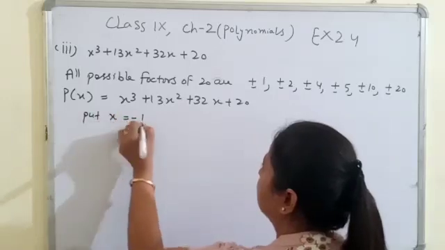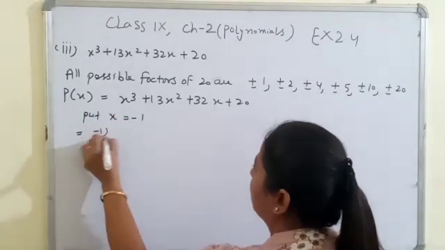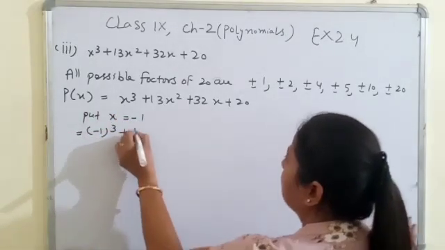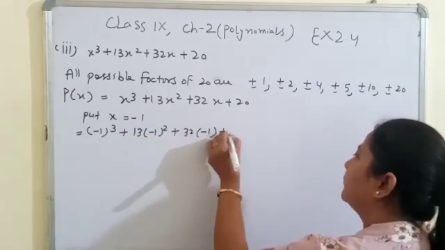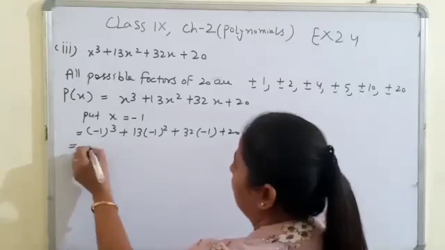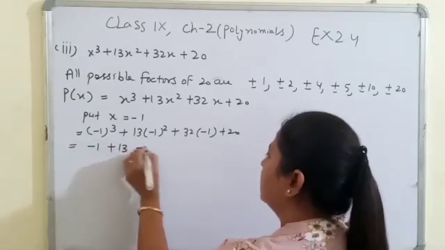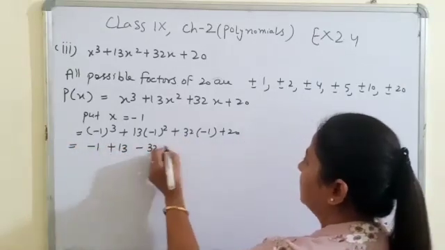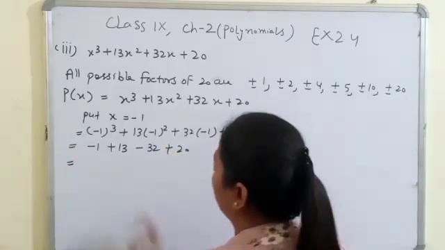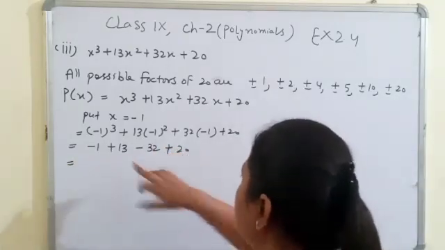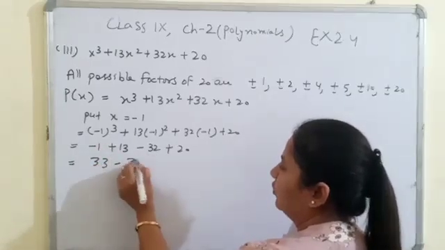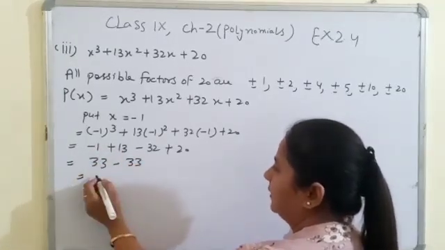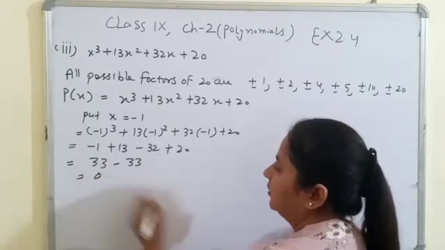Put x equal to minus 1: minus 1 cubed, plus 13 times minus 1 squared, plus 32 times minus 1, plus 20. That is minus 1 plus 13 minus 32 plus 20. Now 20 plus 13 is 33, minus 32 minus 1 is minus 33, so plus 33 minus 33, this is 0.